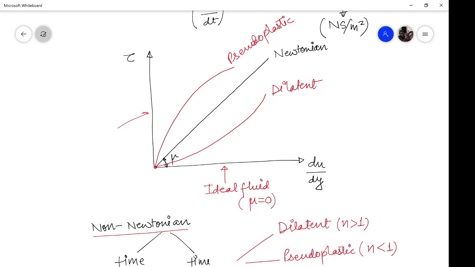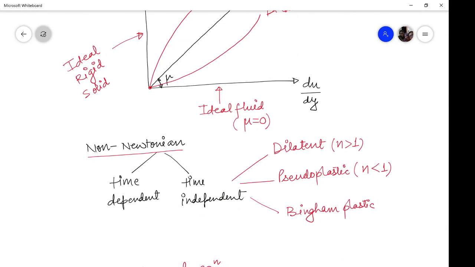Whereas this vertical line represents ideal rigid fluid, or in fact not fluid. If it is rigid, it is ideal rigid solid.